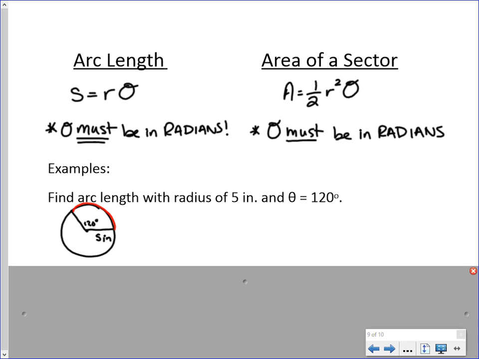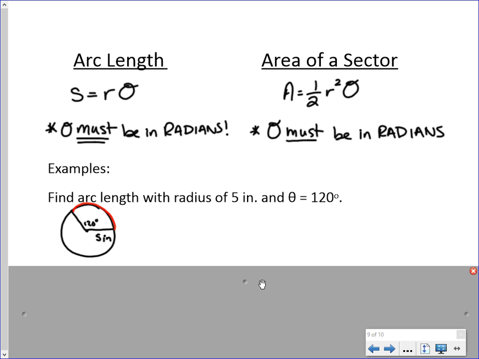So not the whole circumference, just a fraction of the circumference.